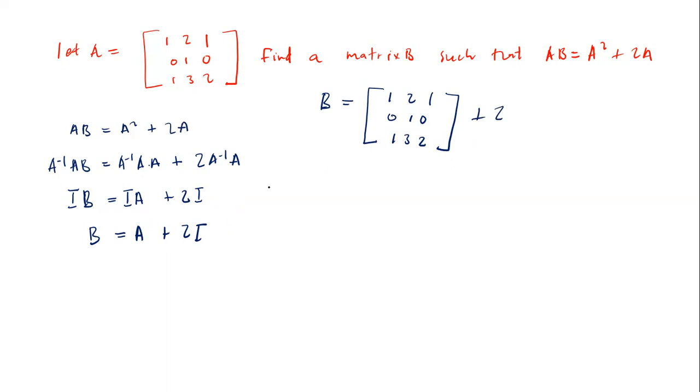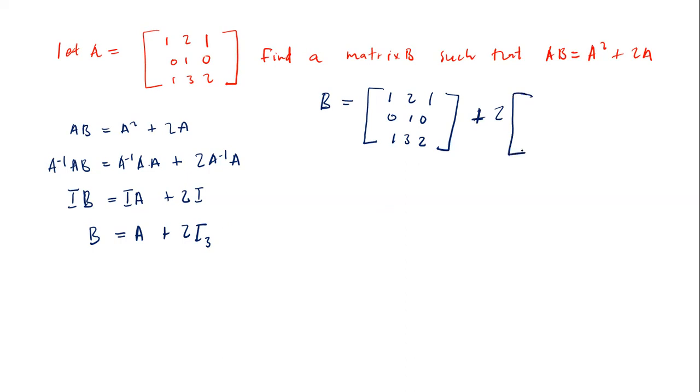It depends on what matrix you are adding on to. So your identity matrix in this case is supposed to be a 3 by 3 identity matrix, because you are adding your identity matrix to a 3 by 3 matrix, which is matrix A. For this addition to be defined, when you add two matrices, they're supposed to have the same number of entries.